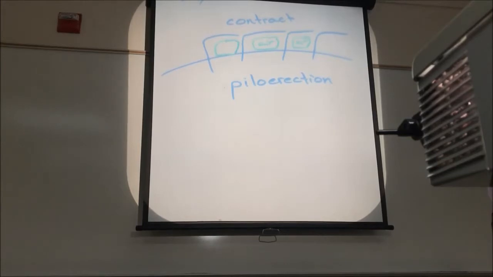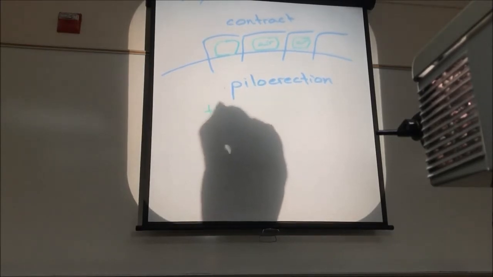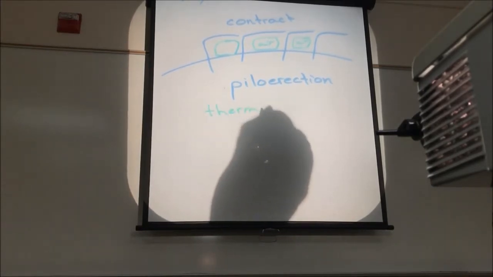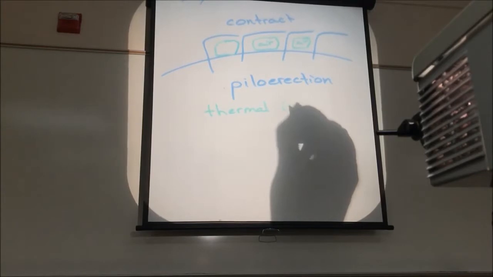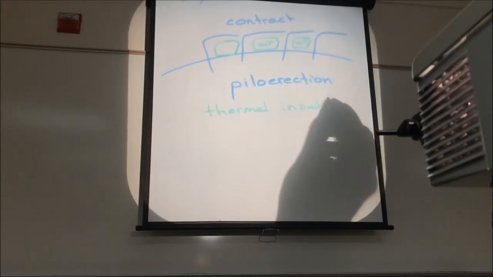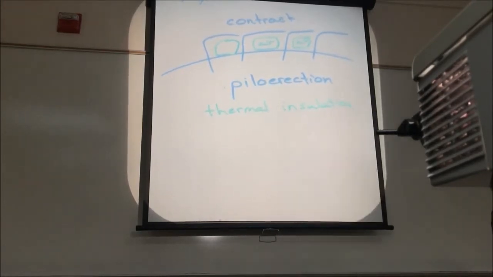The warmth of the skin will warm up this air pocket, and it provides a form of thermal insulation. The hair will keep the air trapped against the skin so that wind isn't going to blow it away. And so you're going to end up with this nice little layer of warm air right against your skin. It's going to help keep the bird or the mammal warm when it's cold.